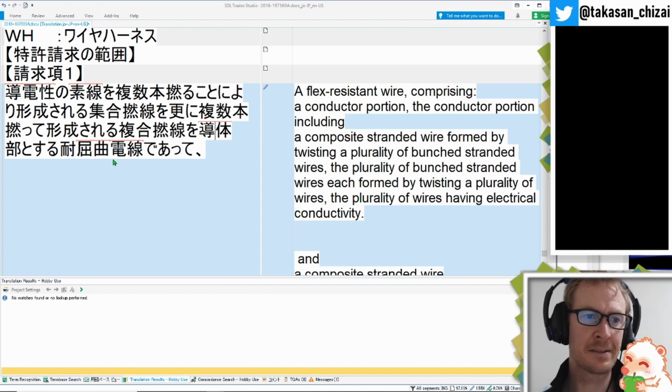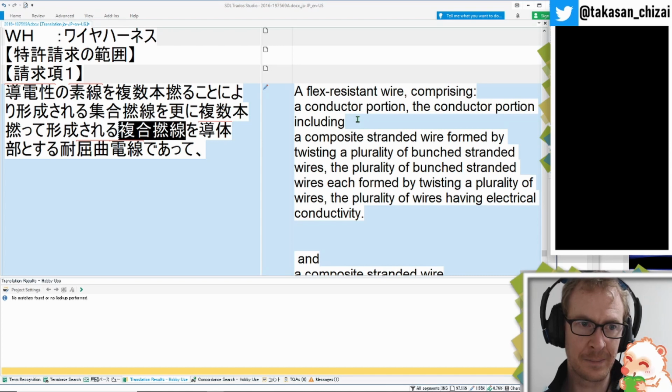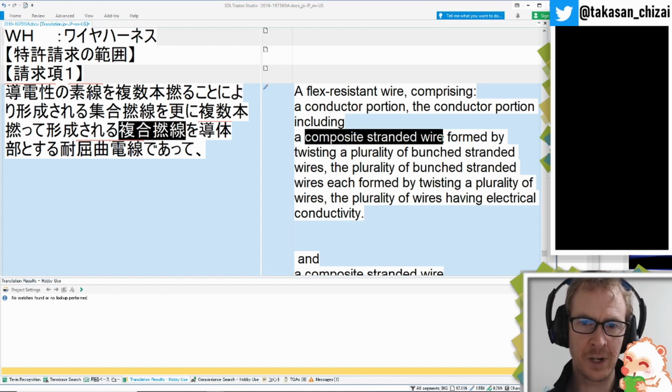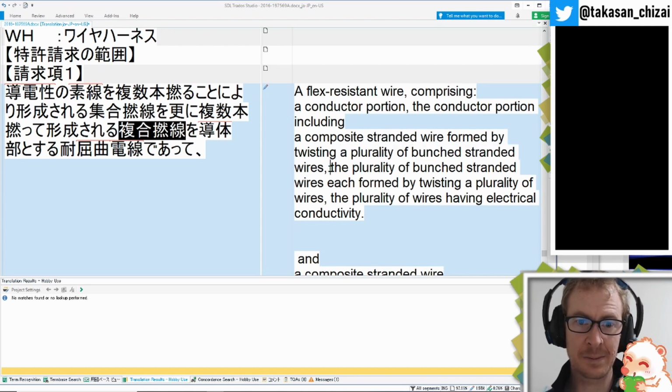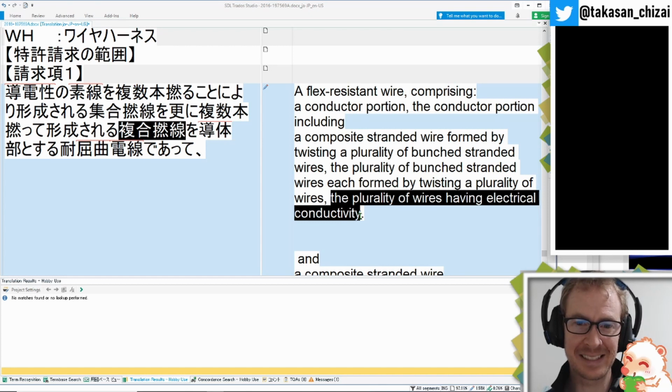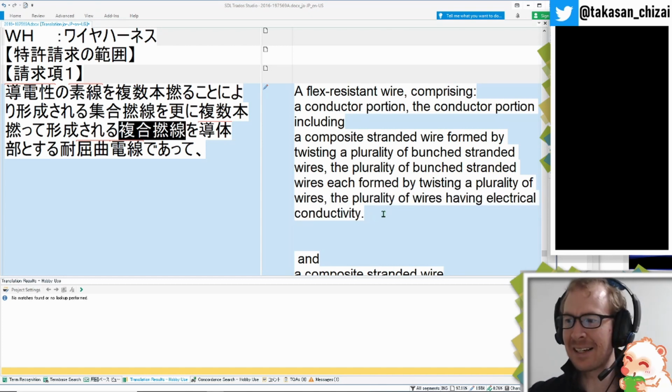So we have the main part of this wire being the conductor portion. The conductor portion includes this and this only, the composite stranded wire. And in describing the composite stranded wire, we introduce this element, and then we explain this element, and then we explain this element. It's a pretty ugly looking claim, but this is probably the most correct.